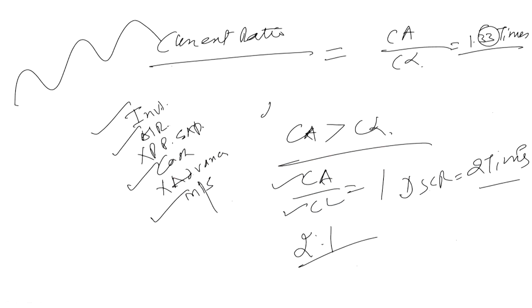Cyclicality of industry: if the industry is facing cyclical trends, ups and downs, you see how efficiently the company has been able to take care of these cyclical trends. Sometimes the sales are going up, sometimes the sales are going down. For example, any company manufacturing products based upon agriculture material.